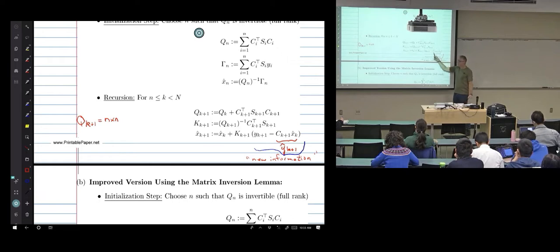This difference here is something I've learned. The measurement gave me new information because it was not exactly the same as what I predicted it would be, so I've got more information about x, and I take that new information with a gain, and I get my new best x estimate. So that's recursive least squares. Taking your current best guess at the state and correcting it when the new information comes in.